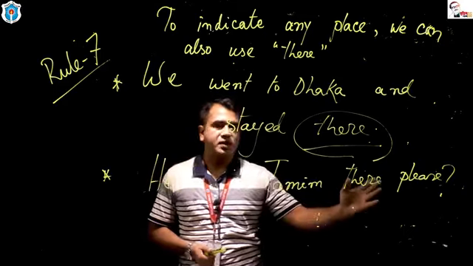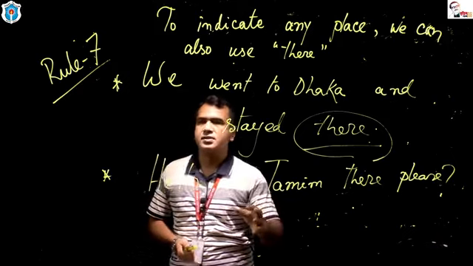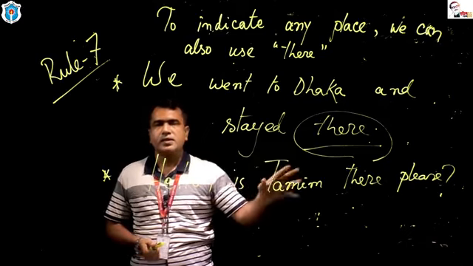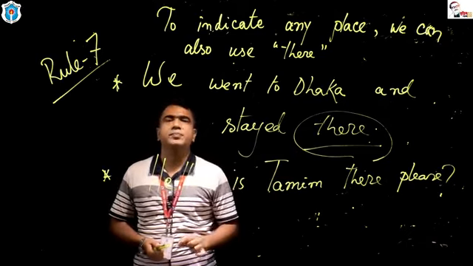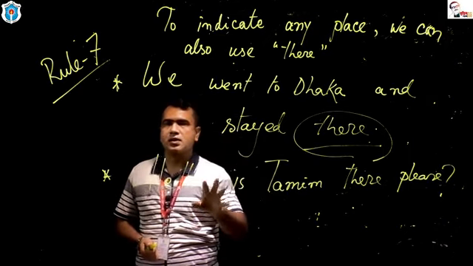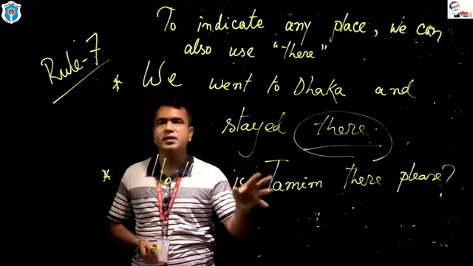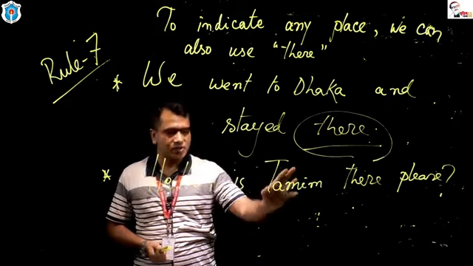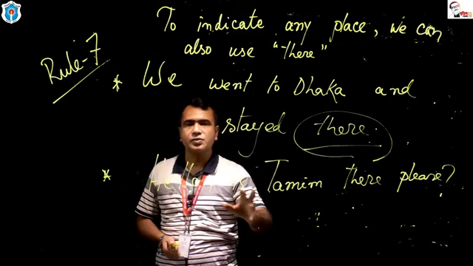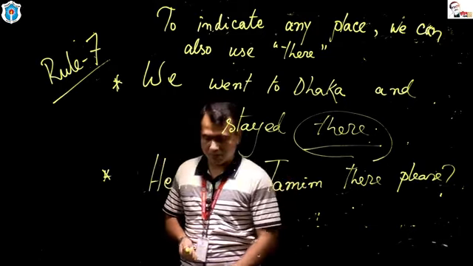So you can ask anybody this way: is Shamim, is Rohim there? That means there indicates a place where Tamim should be, or can be, or may be. So we can ask about a person or a thing that should be placed and remain in a place. Here there has been used to indicate the place where Tamim is, or where Tamim is not.